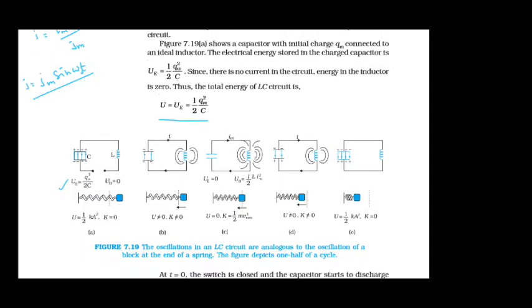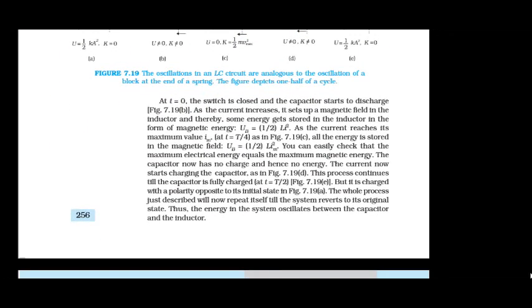So let us move forward. At t is equal to 0, the switch is closed and the capacitor starts to discharge, figure 7.19b. As the current increases, it sets up a magnetic field in the inductor, and thereby some energy gets stored in the inductor in the form of magnetic energy.